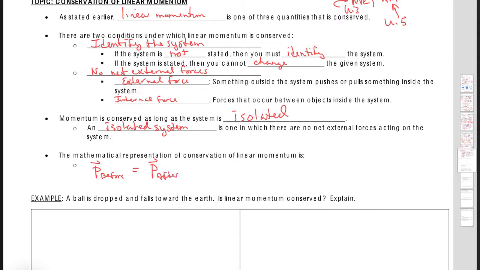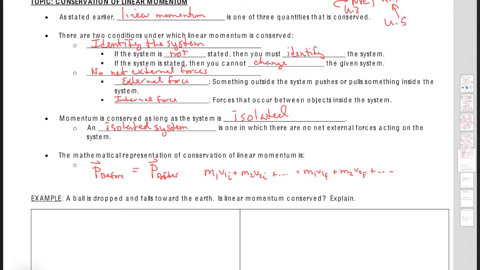The total momentum before equals the total momentum after, which expanded would be m1 v1 initial plus m2 v2 initial plus and so on, equals m1 v1 final plus m2 v2 final plus and so on. All objects in the system contribute to the momentum.